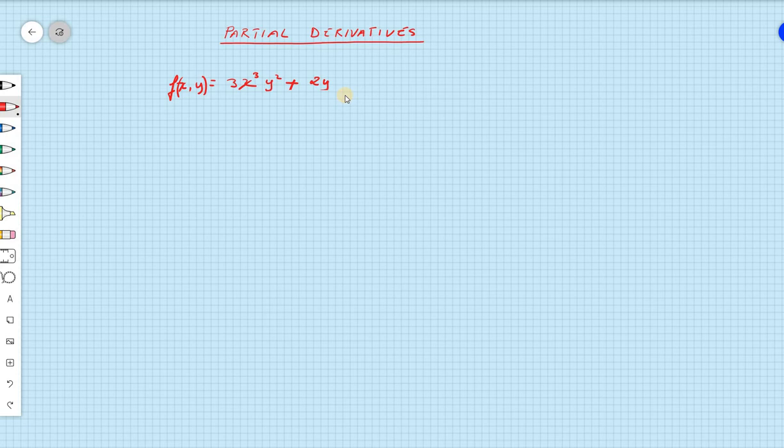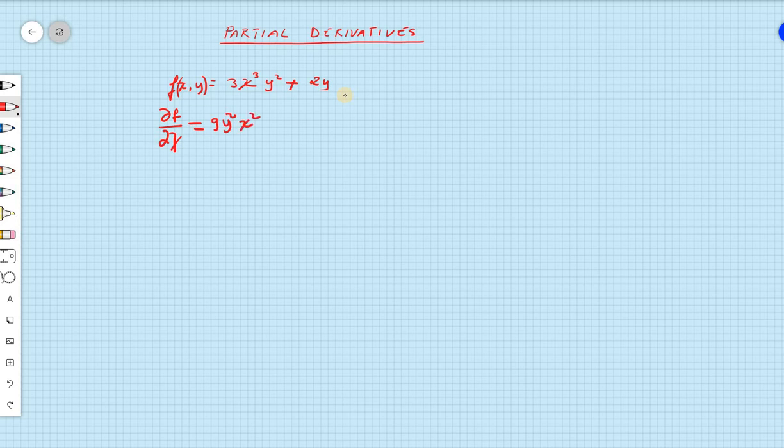Let's say you're asked to find the partial derivative of f with respect to x. With respect to x, that means any other thing is constant and only x is the variable. So you have 9y squared x squared.